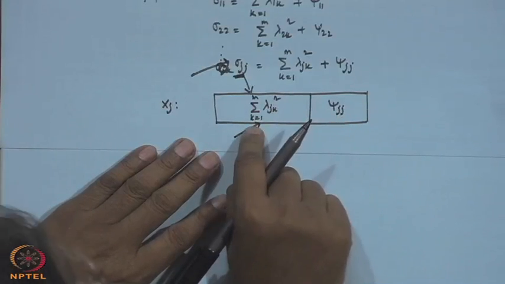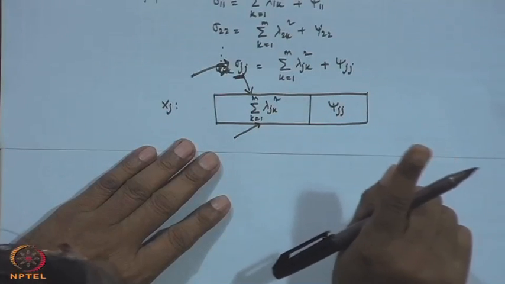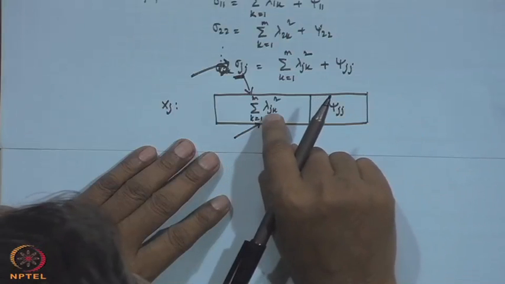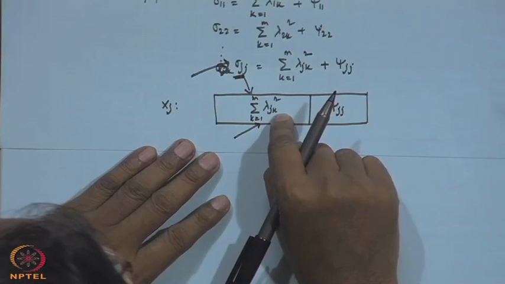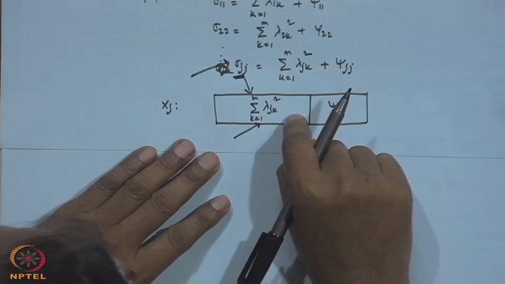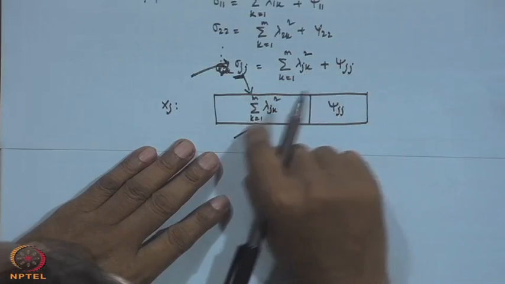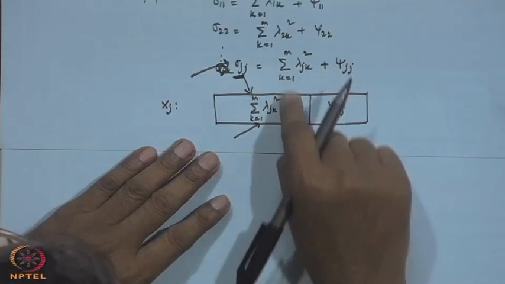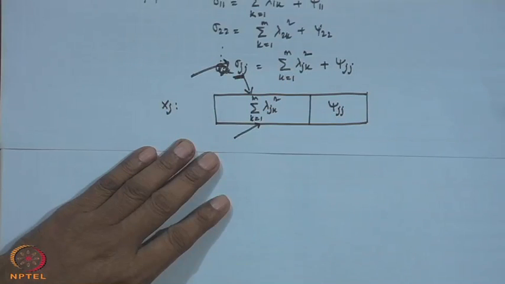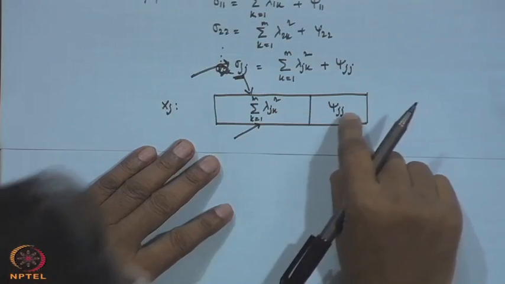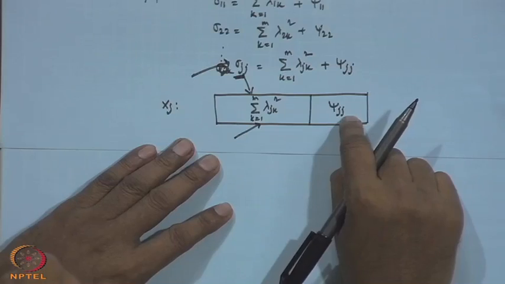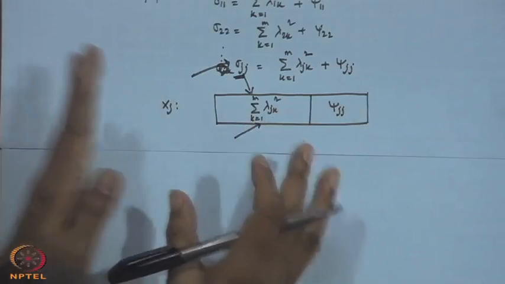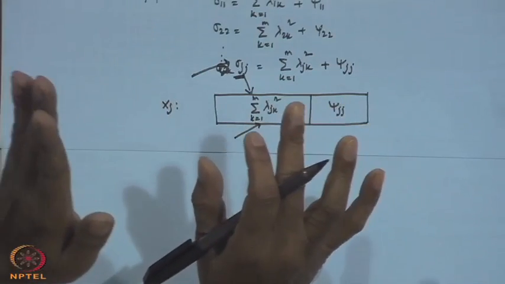You are extracting m factors, and lambda j1 square plus lambda j2 square plus lambda j3 square, like this up to lambda j m square. So this is the contribution by the m common factors, and this psi jj is something which is not contributed by the common factors.